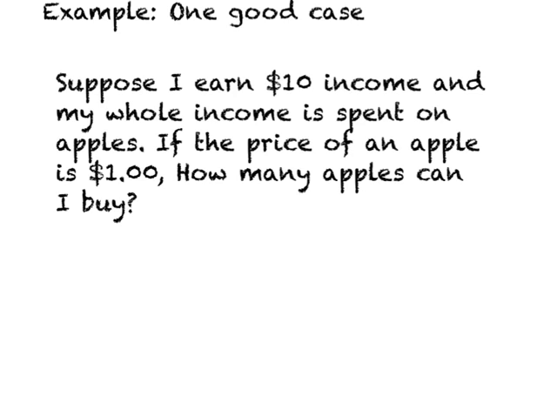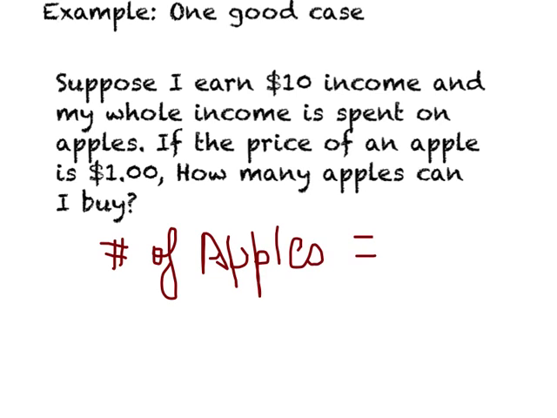Suppose I earn $10 income and my whole income is spent on apples. That's the only thing I buy. And if the price of an apple is $1, how many apples can I buy? The number of apples that I can buy will equal 10.